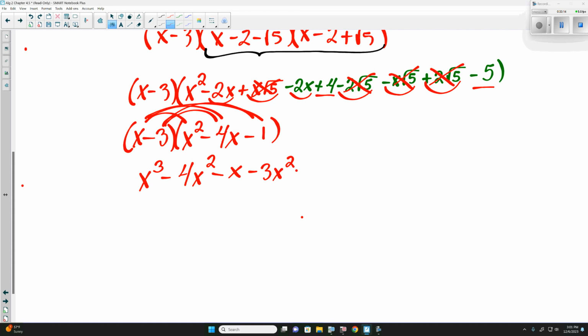Negative 3 times negative 4x would be plus 12x. And negative 3 times negative 1 is plus 3. And x cubed minus 7x squared plus 11x plus 3.